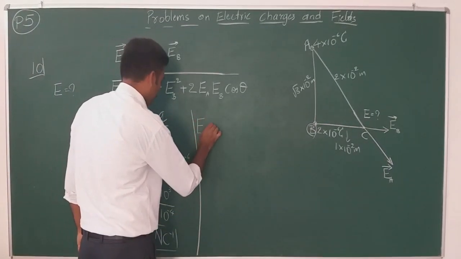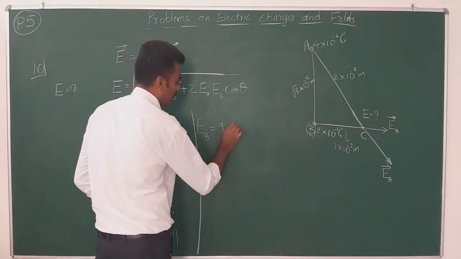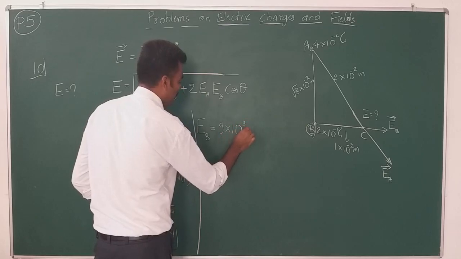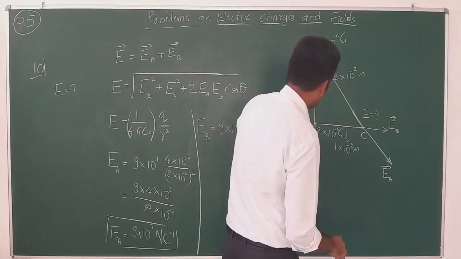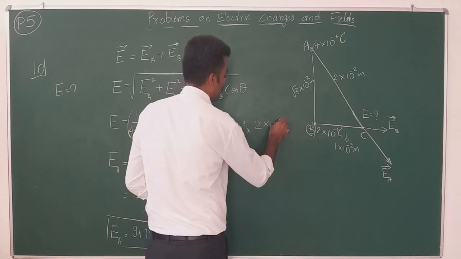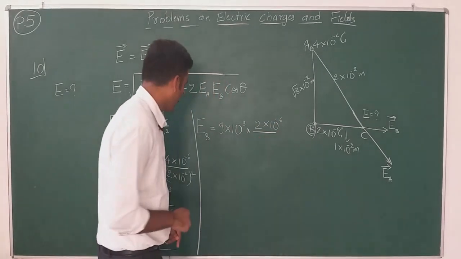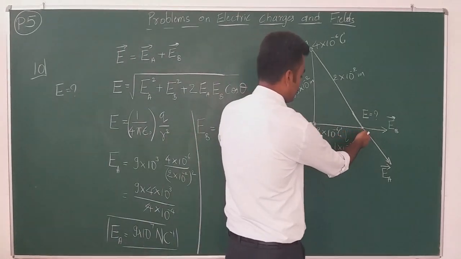EB is equal to, once again, 1 by 4 pi epsilon naught is 9 into 10 to the power of 9 Q. Charge at B is this 2 into 10 to the power of minus 6 divided by R squared. What is R? R is BC, right?